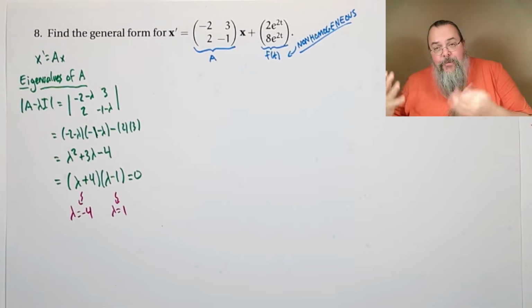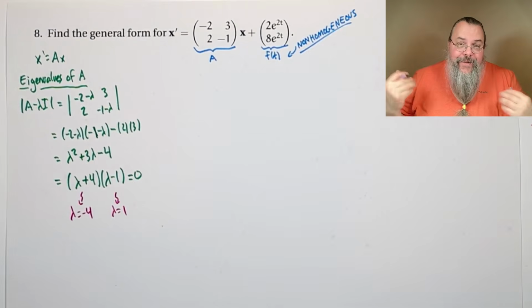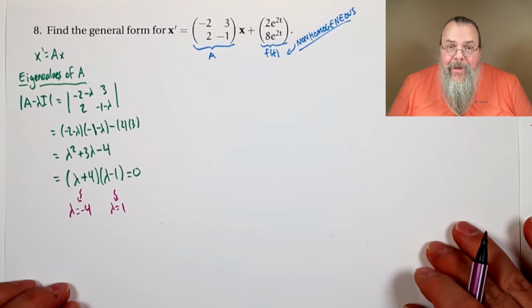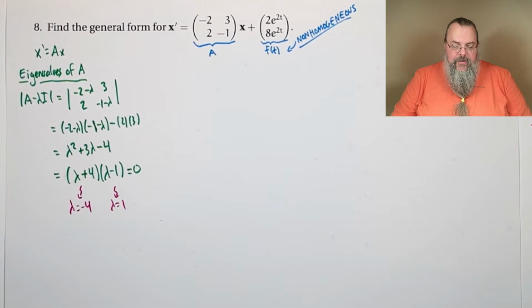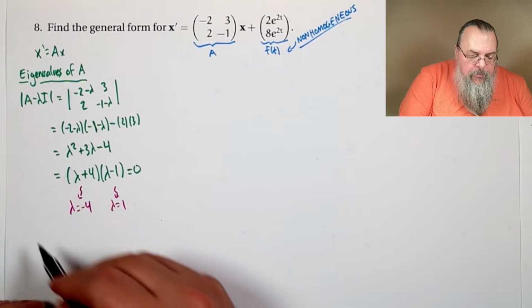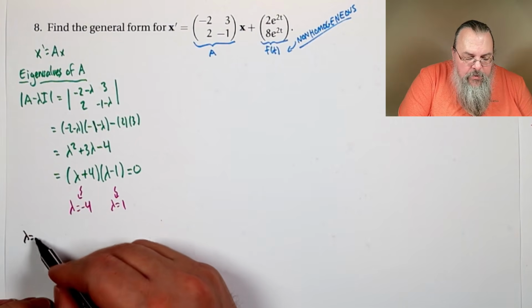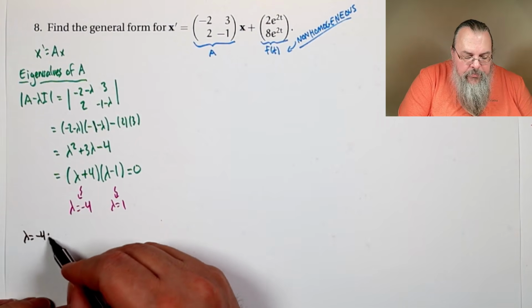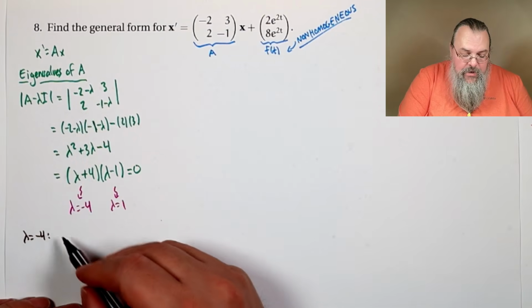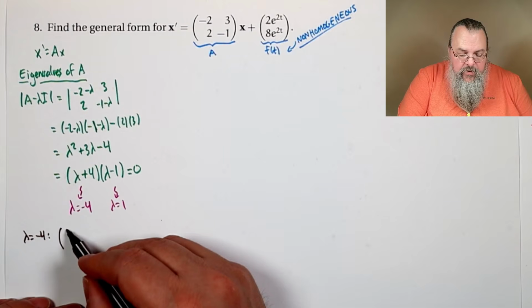Now, when we're faced with two distinct real eigenvalues, we've got to go and find our eigenvectors. All right, so that's going to be our next step. So we say, well, eigenvector time. Let's try this out. When we put in lambda equals -4, so we're going to subtract a minus 4 or add 4. So minus 2 plus 4 makes 2.